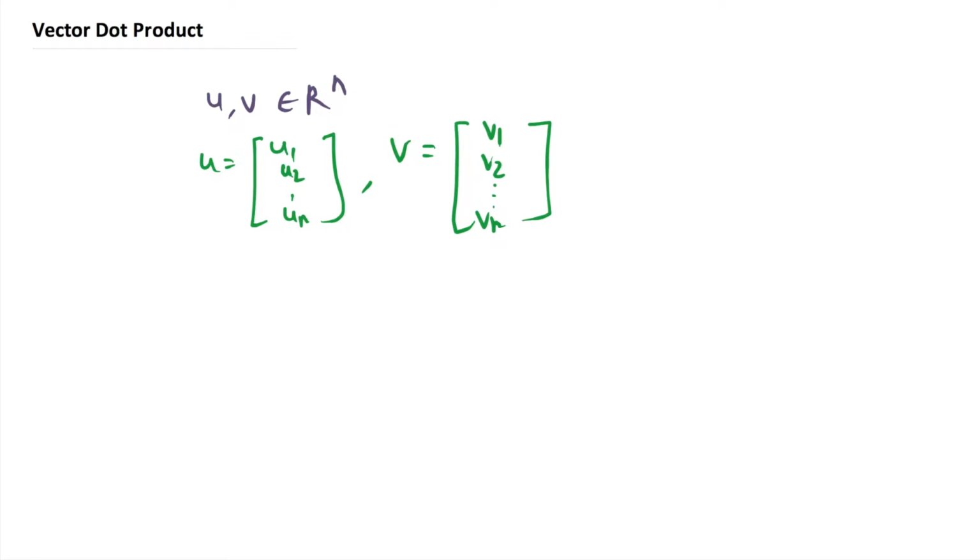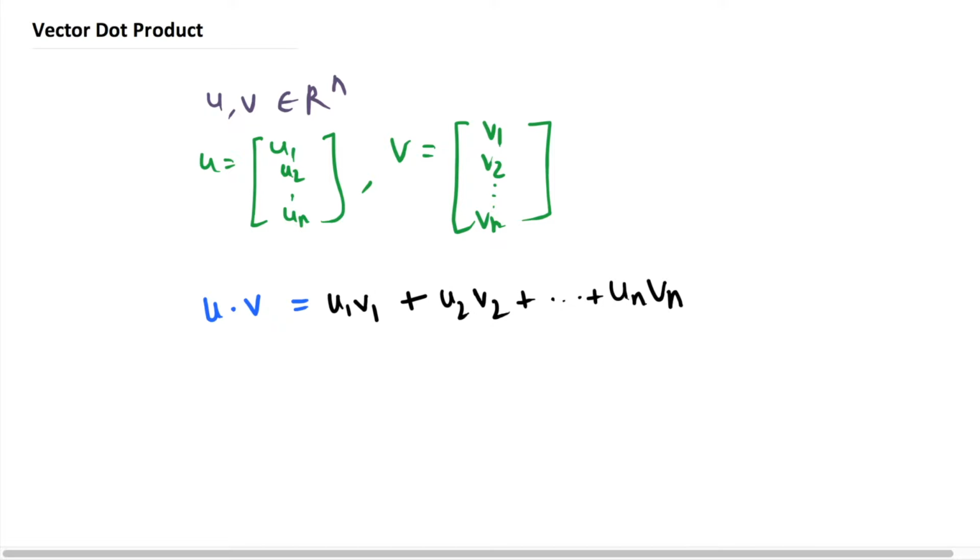Then the dot product of u and v, denoted by u dot v, is equal to u1 times v1 plus u2 times v2 plus ... un times vn.